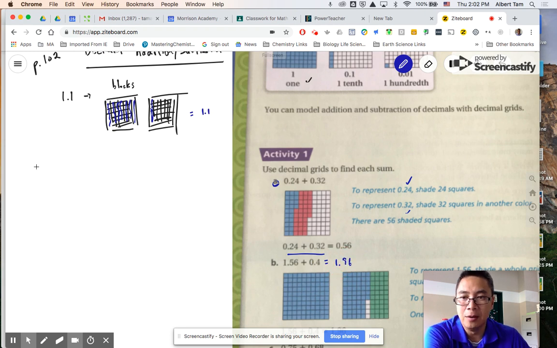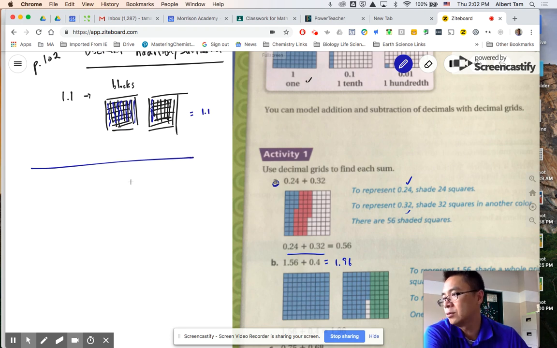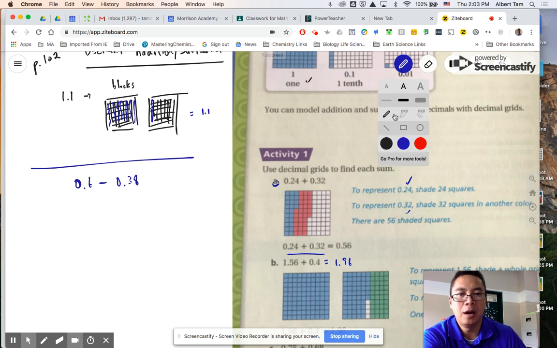Now, I didn't have room to add the subtraction one, but they do a similar thing with subtraction, where if you take 0.6, or 6 tenths, and subtract 0.38, or 38 hundredths, they want you to think about how you could also represent that with these blocks.